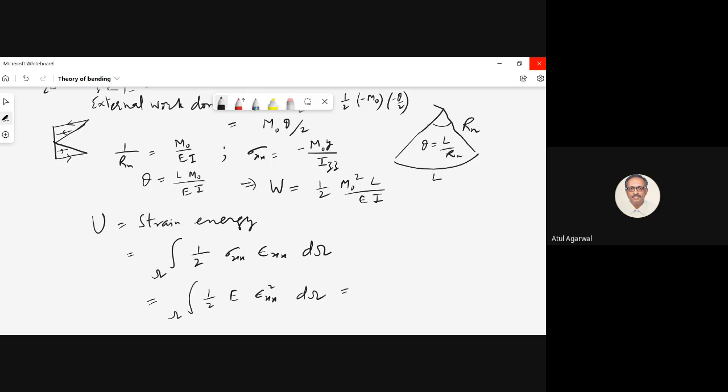Now what is your epsilon xx? Epsilon xx was minus y by R. So we can use that. So half E y squared by R squared, where this is the R of the neutral surface. And what is your d omega?